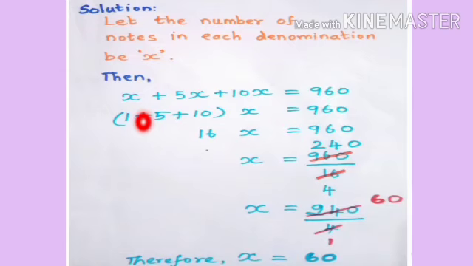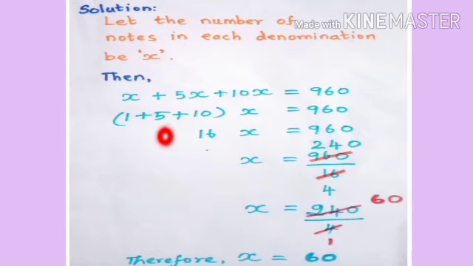Here, the number of notes is x and the denominations are 1, 5, 10. So, we have to add the product of the number of notes x with the denominations to equate the amount 960, which the person has in his hand.